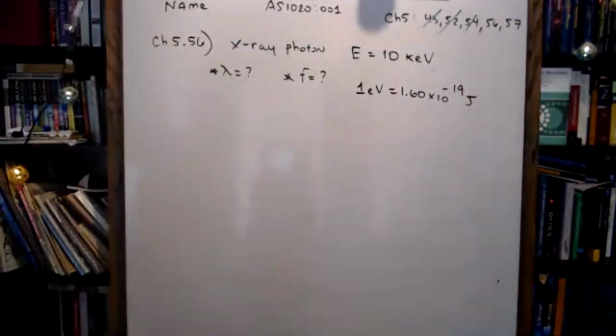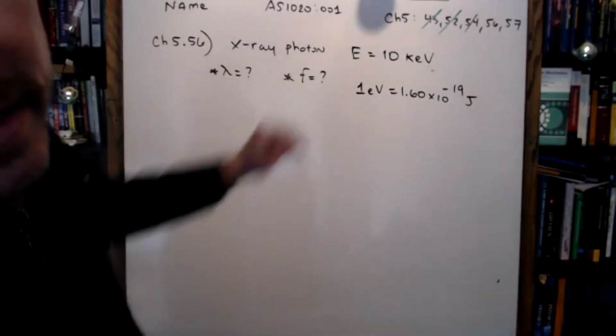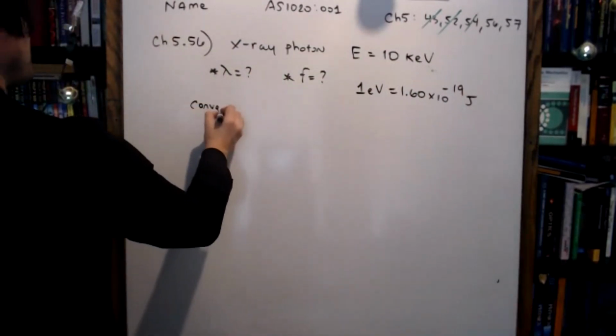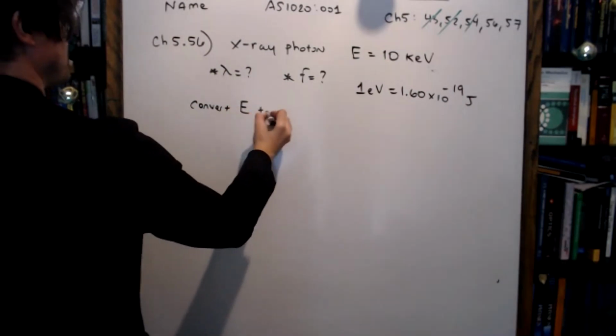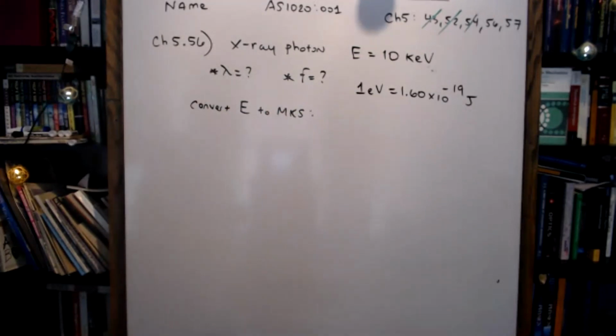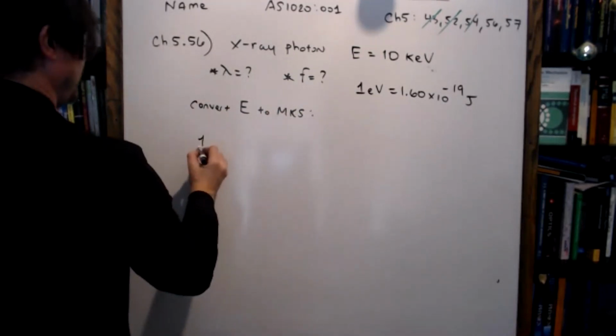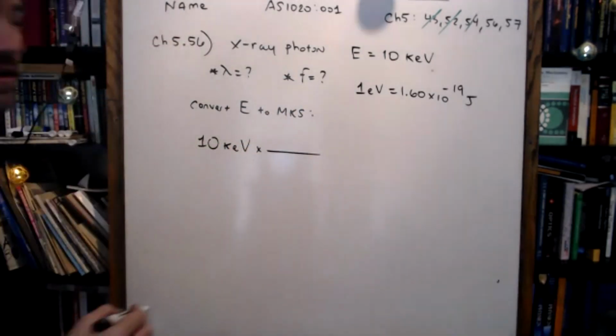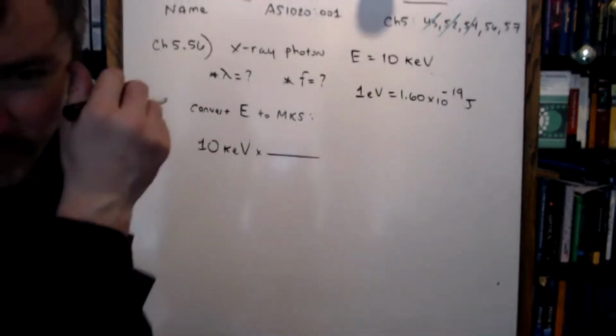Christopher, I want you to help me do some dimensional analysis. Let's convert the energy into MKS units, shall we? So I'm going to start you off, Christopher, with 10 KeV. I'm also going to make a division bar to speed things up. What units should I put in here?